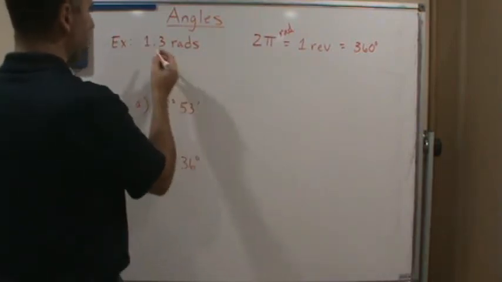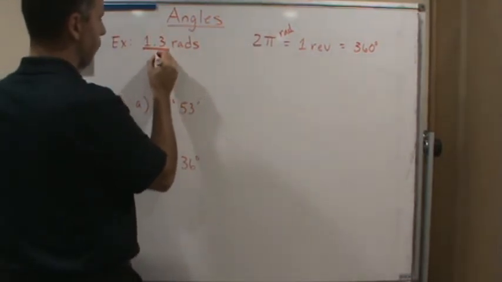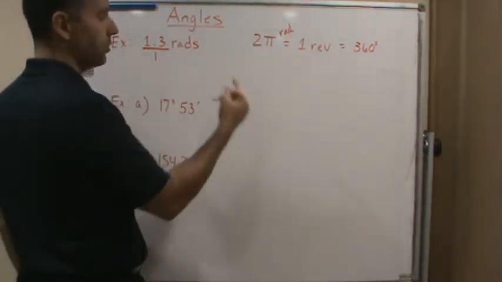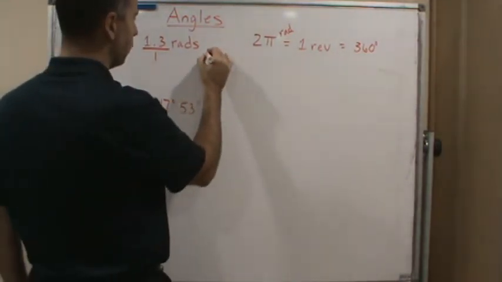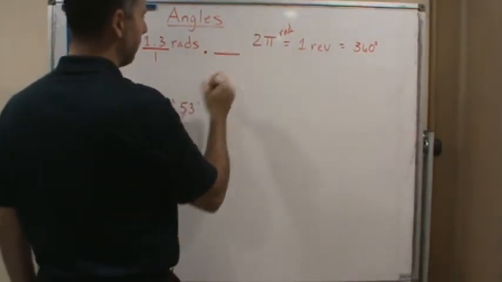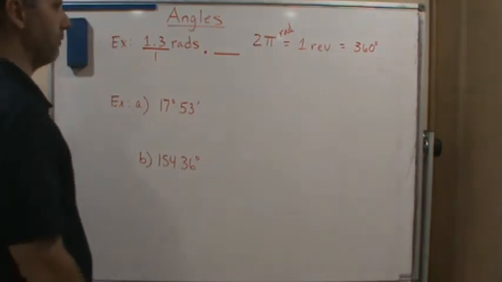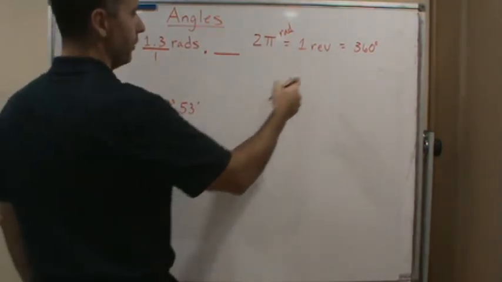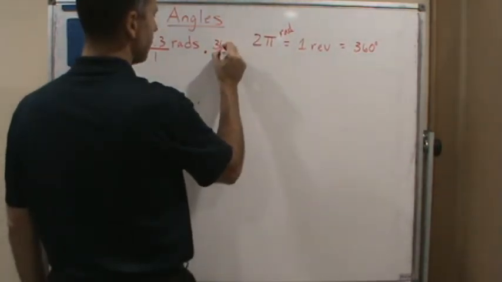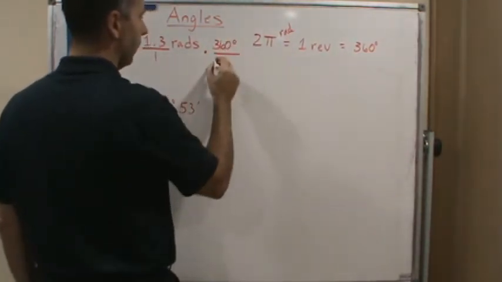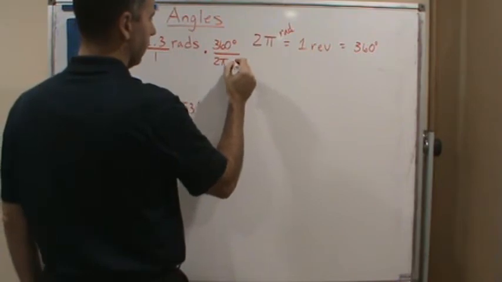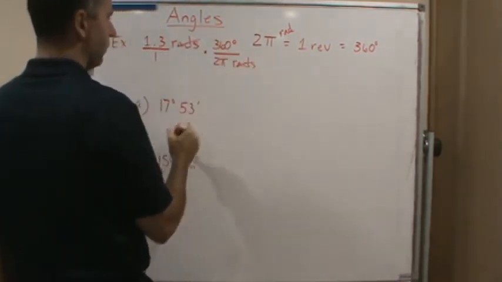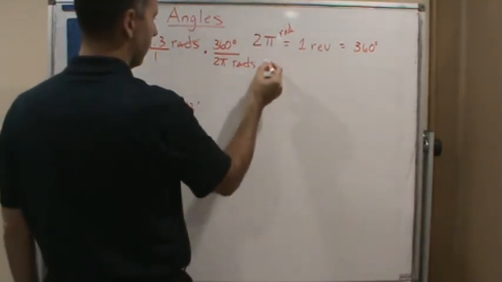So now, we've got 1.3 radians, and I've got to go from radians to degrees. So I need degrees on top. I need to multiply by a ratio where I have degrees on top and radians on the bottom. So I'm going to use 360 degrees over 2 pi radians, and so the radians cancel. And what do I get?